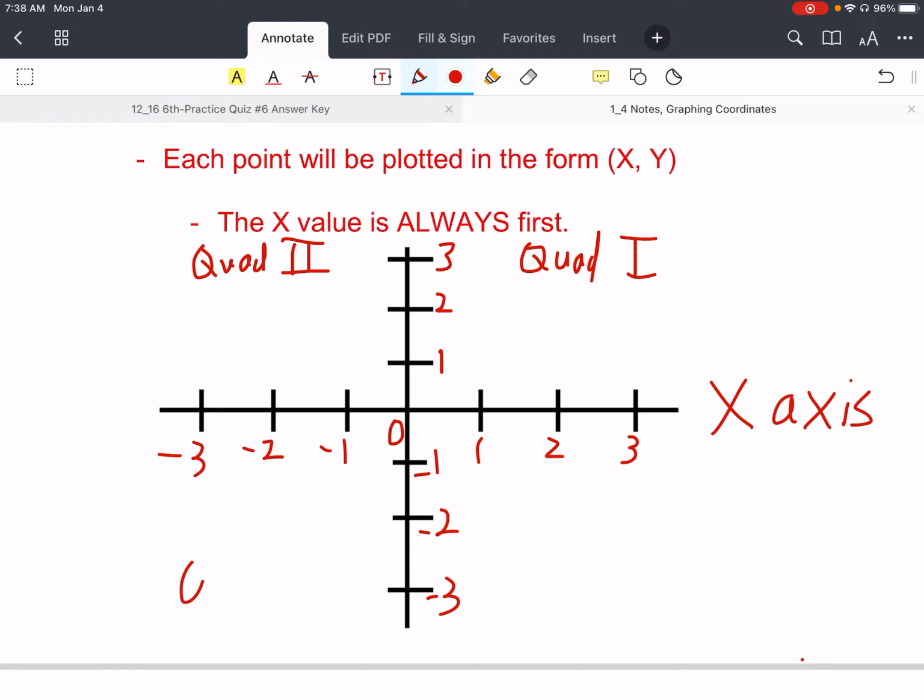We have quad 3, and finally quadrant 4. And the good news about these quadrants is those are also never going to change. So if you have these notes and you have this memorized, then you are going to be in great shape.